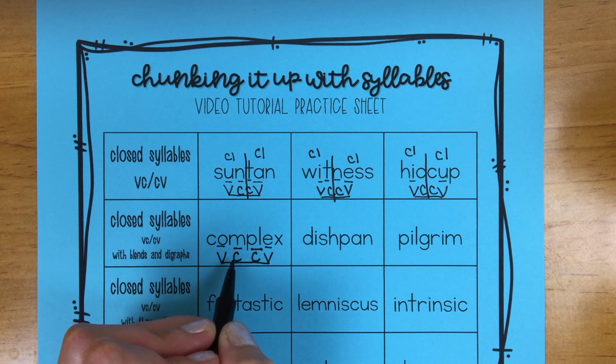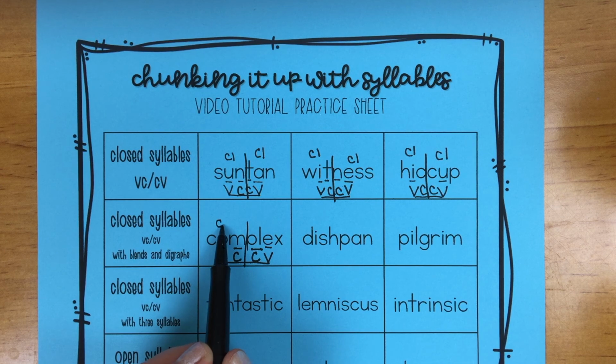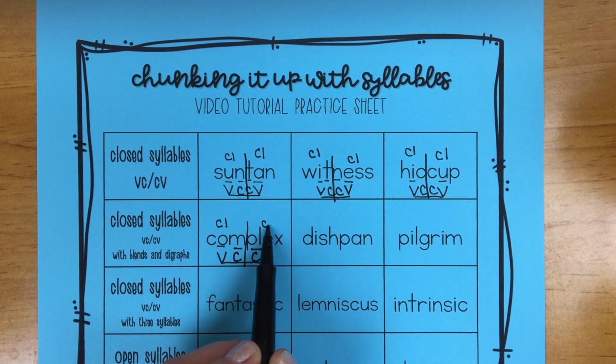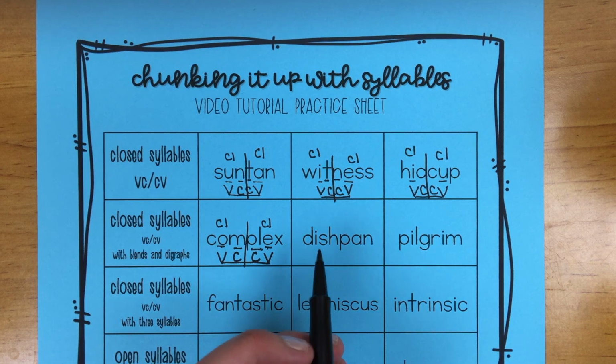Now that I have my vowel, consonant, consonant, vowel pattern, I can divide the word. I have a closed syllable here and a closed syllable here. So both of my vowels will make a short sound, and my word is complex. Let's try the next one together.